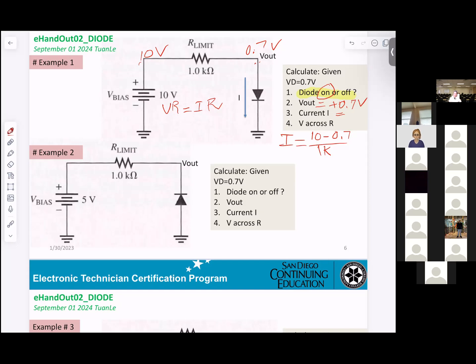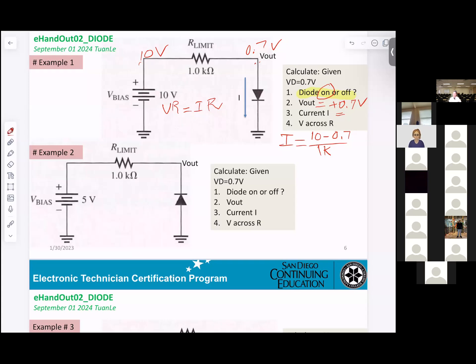For that circuitry, question A: diode on or off? Off. Correct. Why is it off? No current coming through.